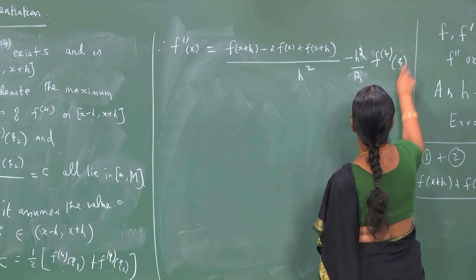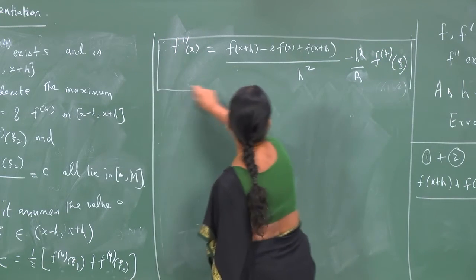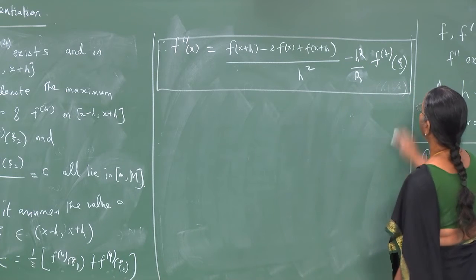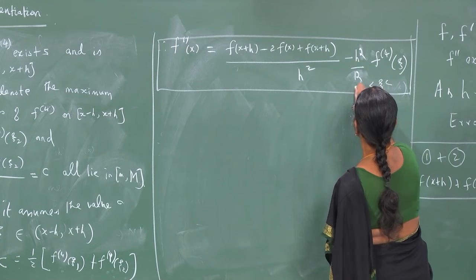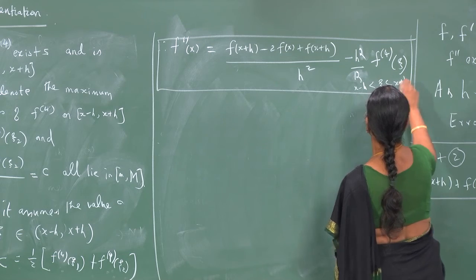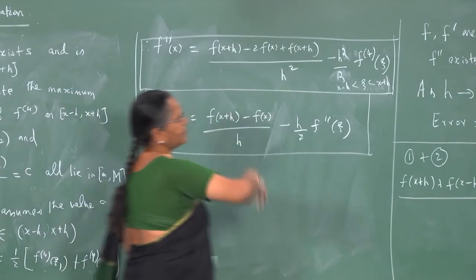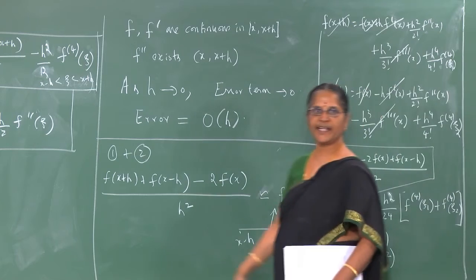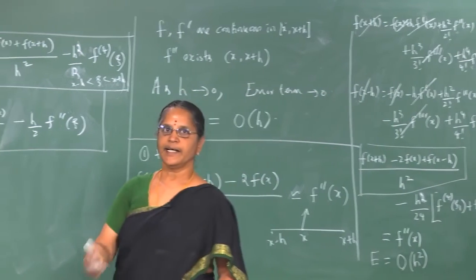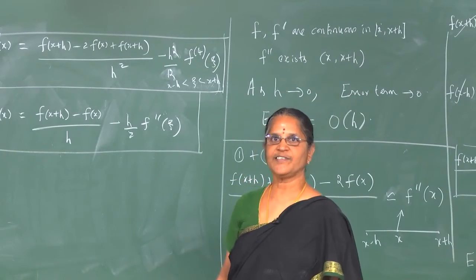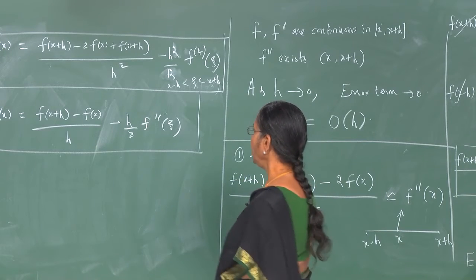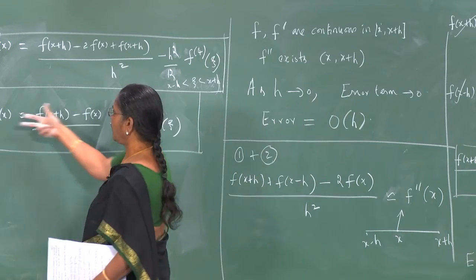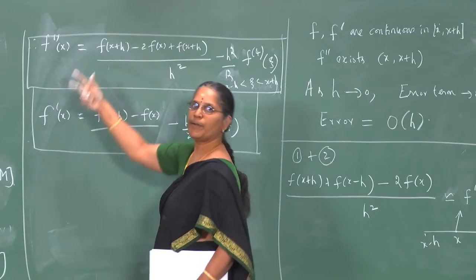So, this gives you a numerical differentiation formula for f double prime x, where psi lies between x minus h and x plus h. So, one can use Taylor expansion of the function at different points like x plus h, x minus h, etc., and obtain various numerical differentiation methods involving, say, 2 points for f prime x, 3 points for f double prime x.